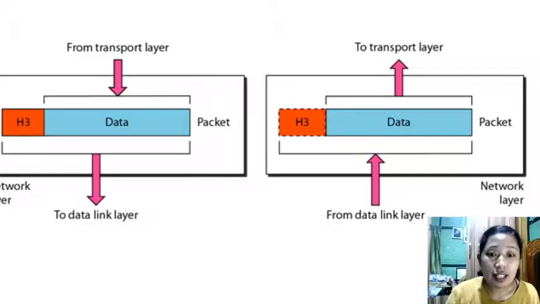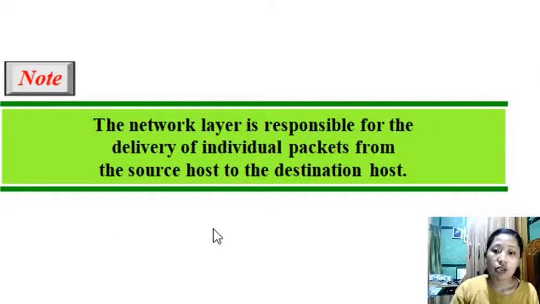The next layer is the network layer, which is very important. This layer receives the message from the transport layer, and after processing it forwards the message to its lower layer, that is, the data link layer. The main function of the network layer is source to destination delivery. We are going to see this with an example.